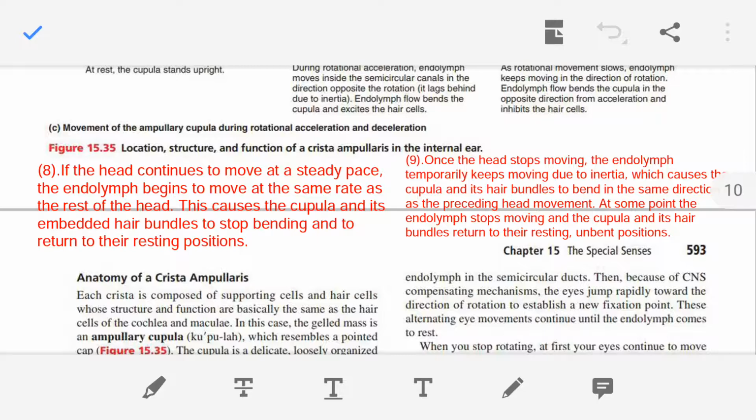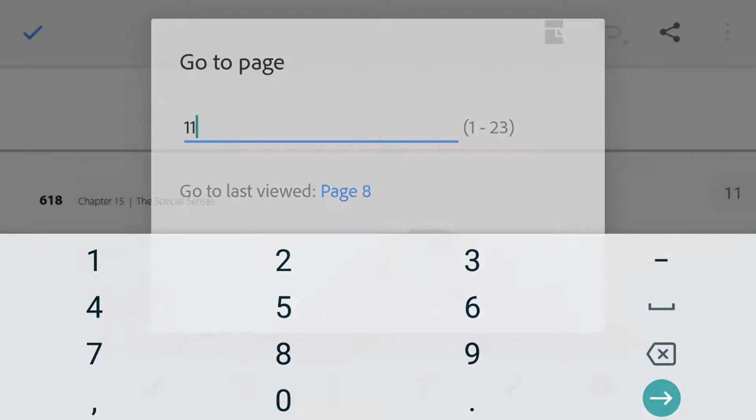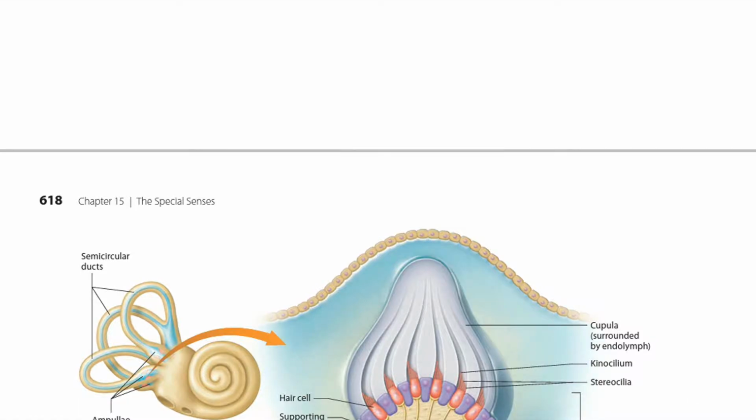Now let's discuss point number 10. See, let me show you this figure.